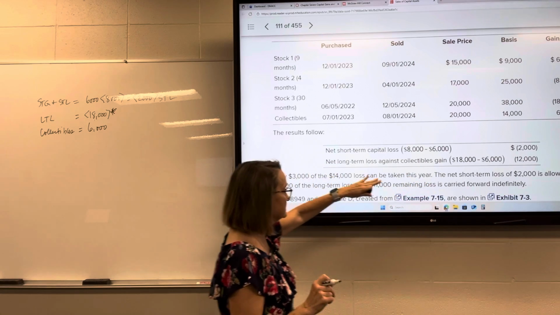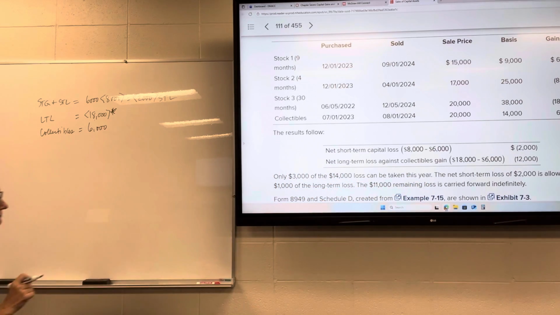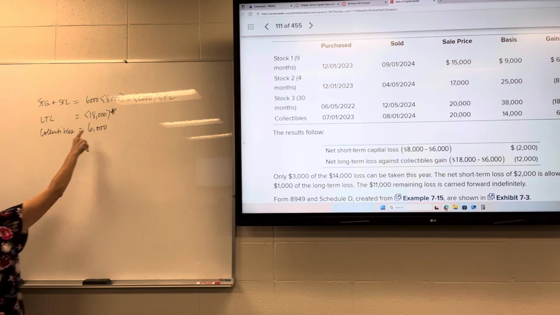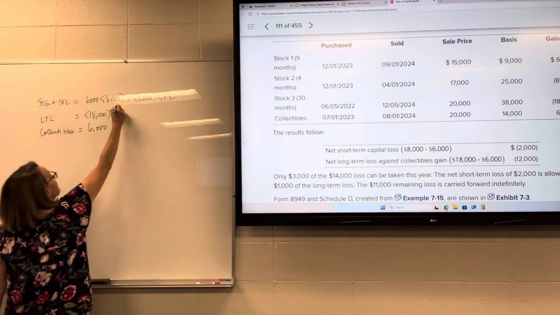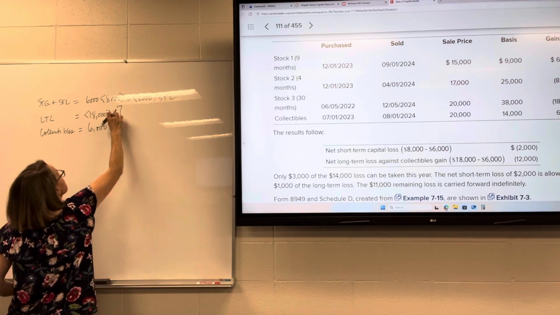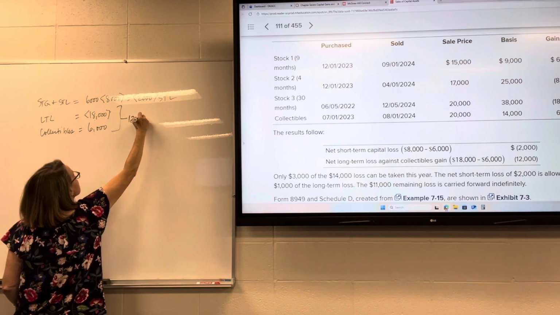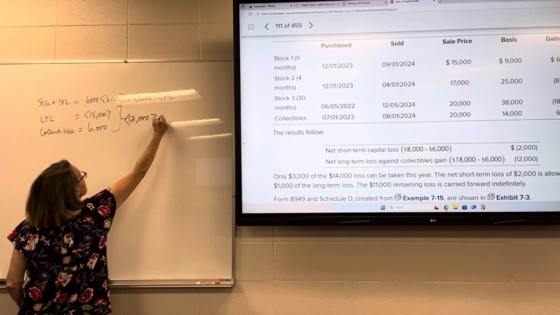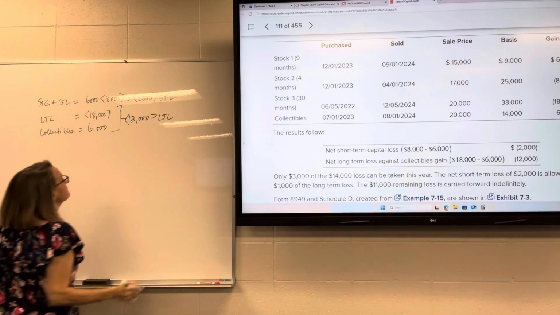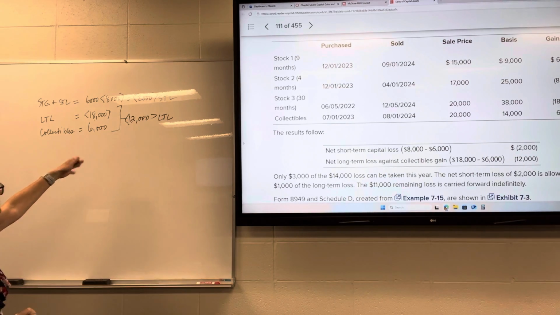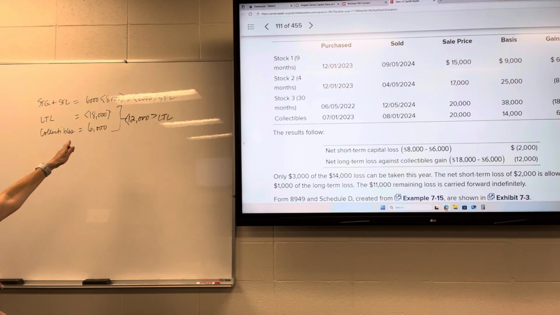So we're going to net that to get a long-term loss of 12,000. So we'll take this and combine these two to get a $12,000 long-term loss. So now we have a $12,000 long-term loss and a $2,000 short-term loss.